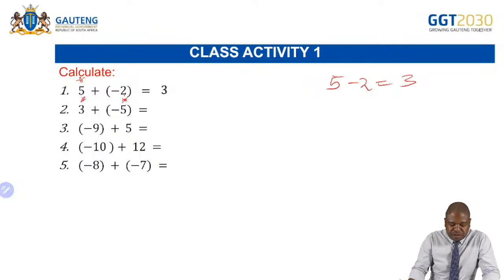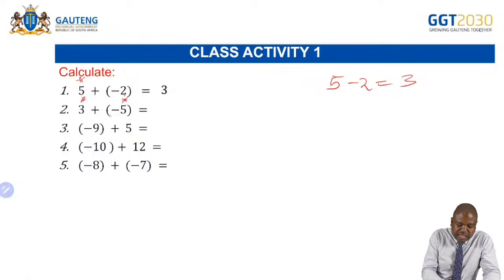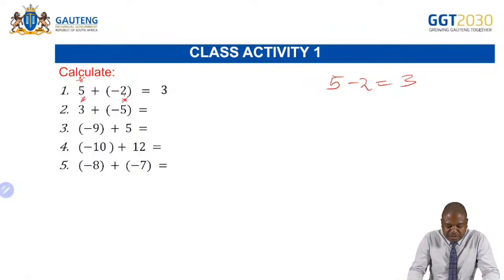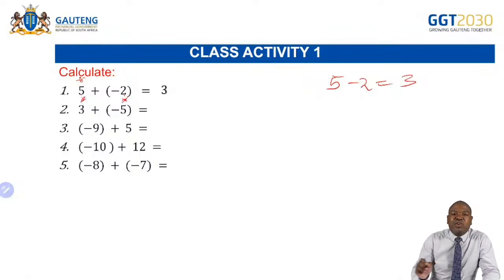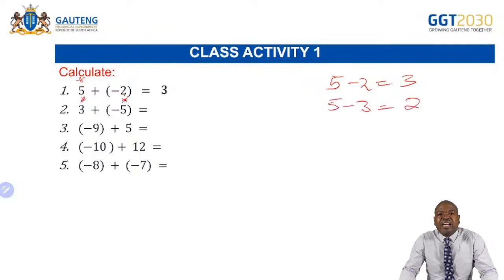It is 5, and 5 is negative. So 5 minus 3 gives us 2, but our answer must have the negative sign of 5, so it's going to be negative 2. You can actually prove this using number lines as well.